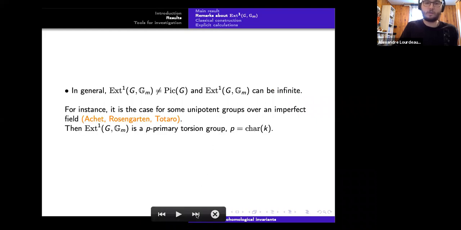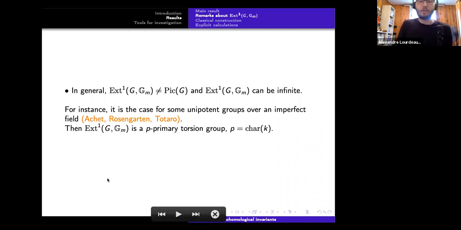infinite. So there are many examples of unipotent groups with X1 infinite, and we can find them, for instance, in the paper by Rosengarten, or Totaro's. These are different papers, but there are other ones.